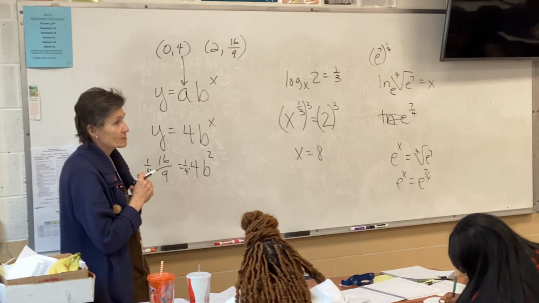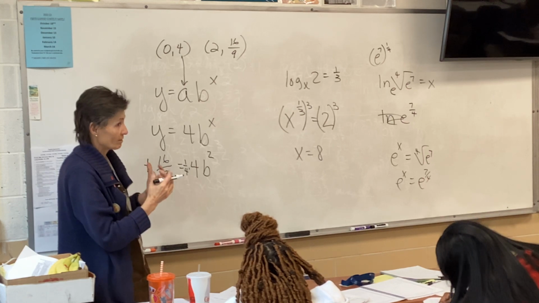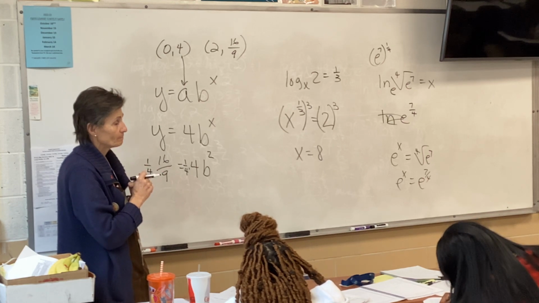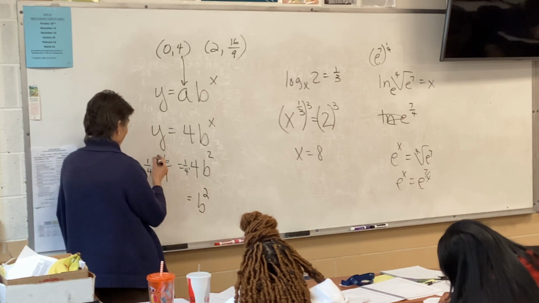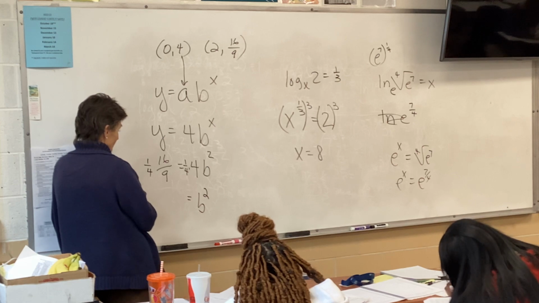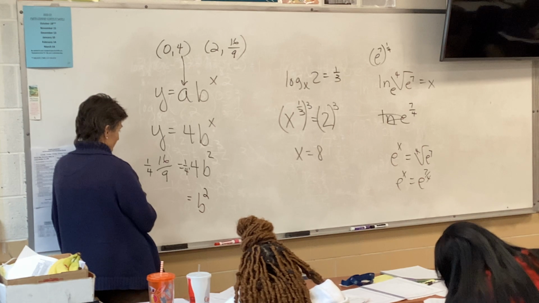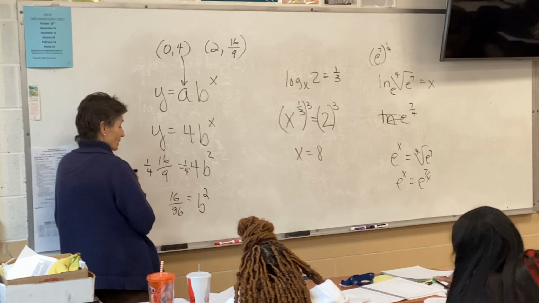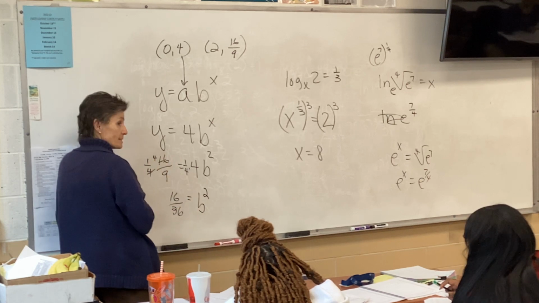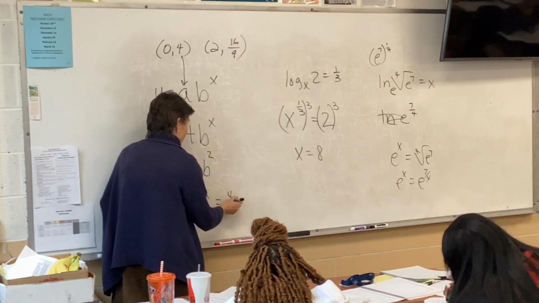That will accomplish the same thing. If you take 1/4 of something, you're dividing it by 4. So b squared equals what over here? I could say 16 over 36. I could also cancel and say 4 over 9, right?